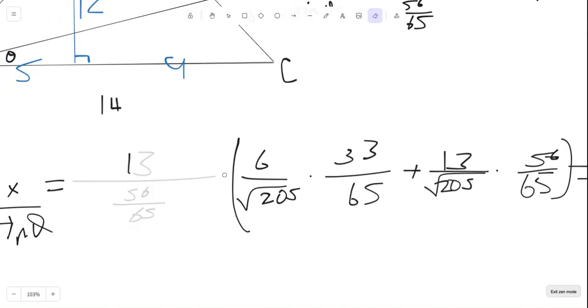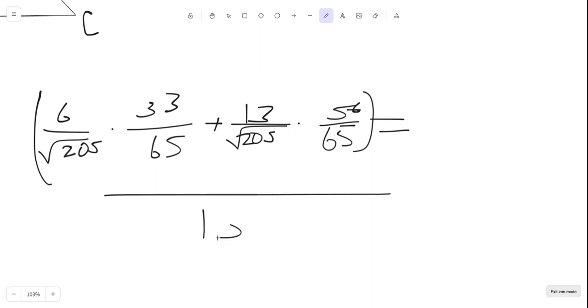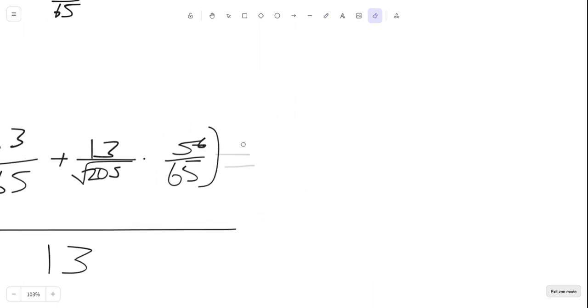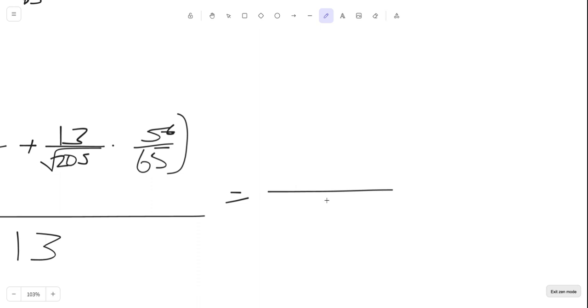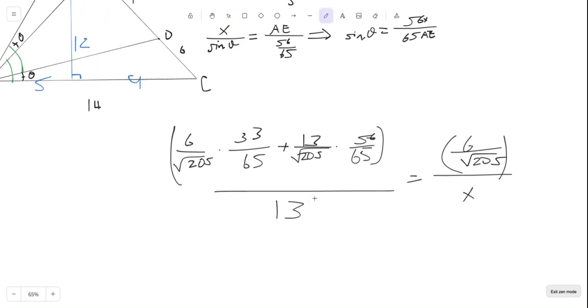If you take the reciprocal of both sides, you get the sine over 13 is equal to the sine of theta, which is 6 over root 205, over x.